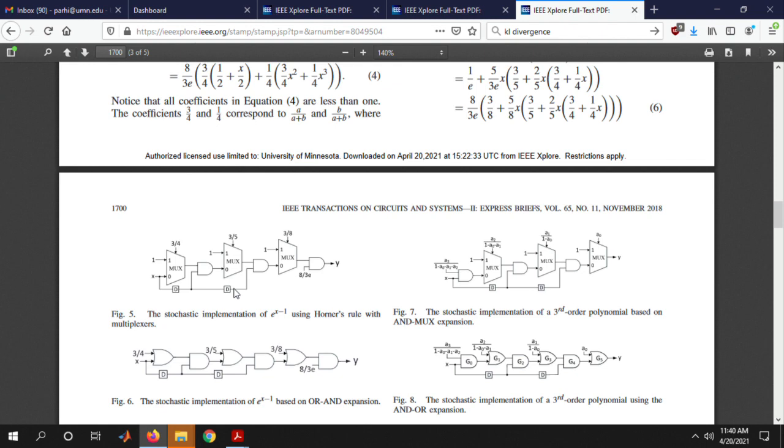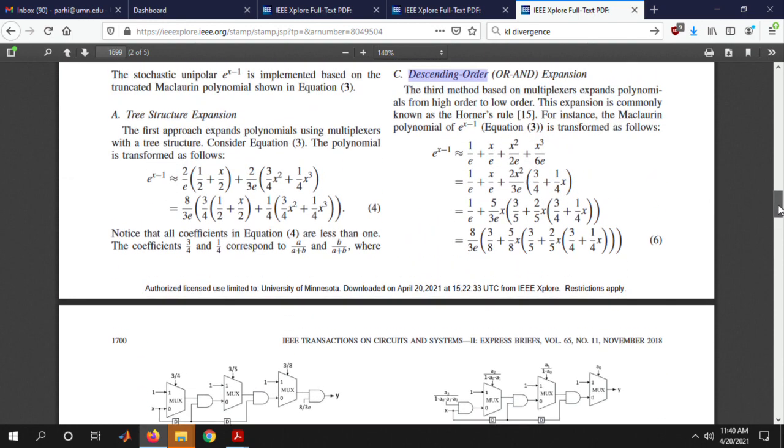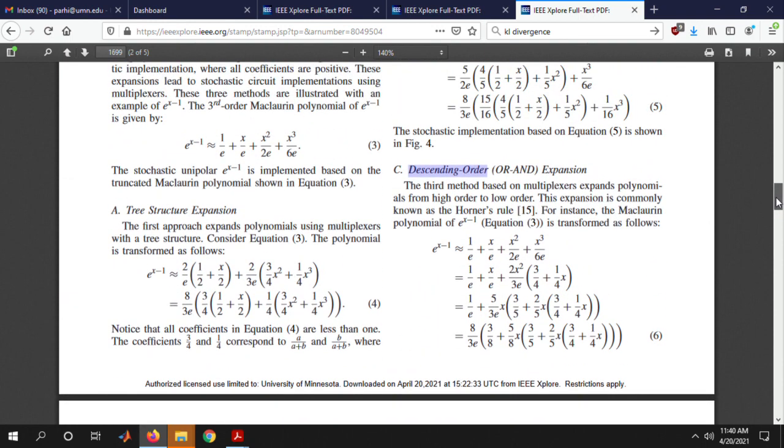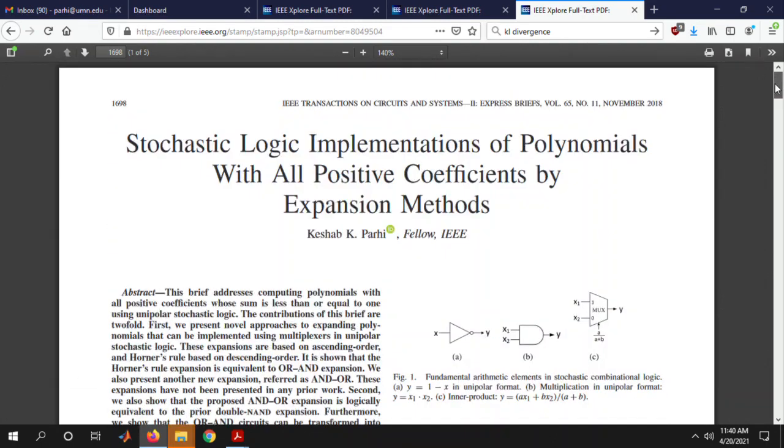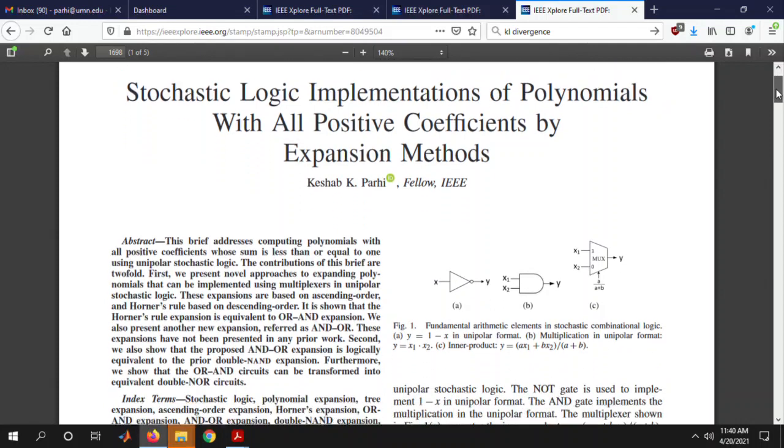So why didn't the electronic computing systems adopt this? It so happens that to really make these systems practical, you need a very large length. As we saw, the variance of the error of the number is inversely proportional to L, and I can reduce the variance by increasing L. And the moment I increase L, the bit stream length increases, which means that the energy consumption increases a lot.